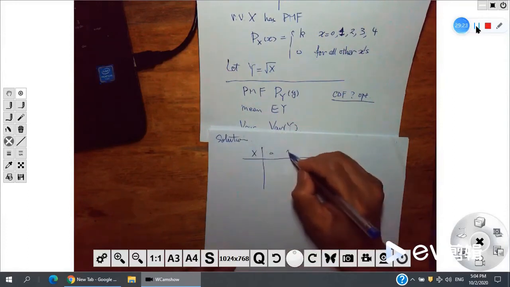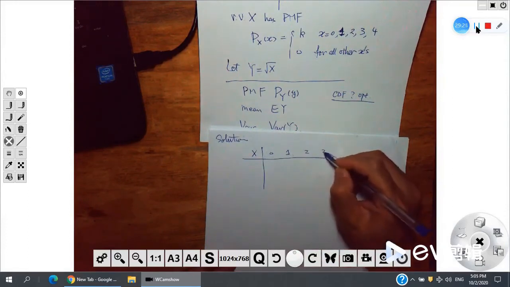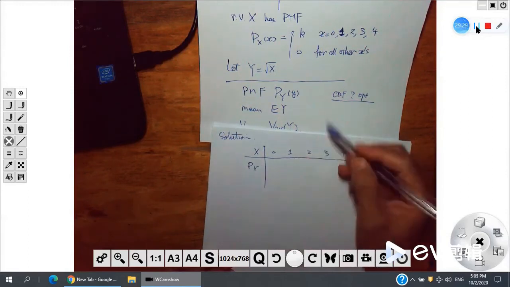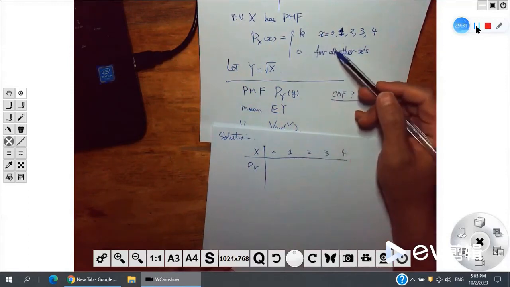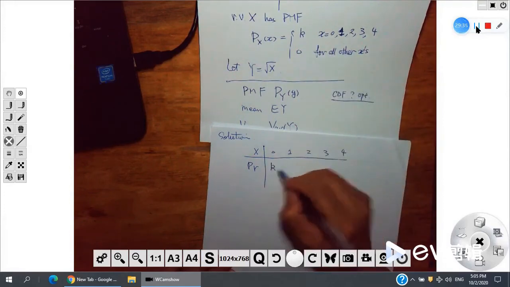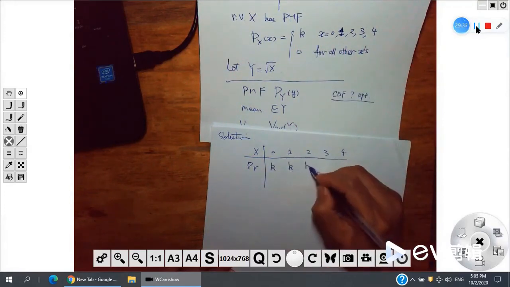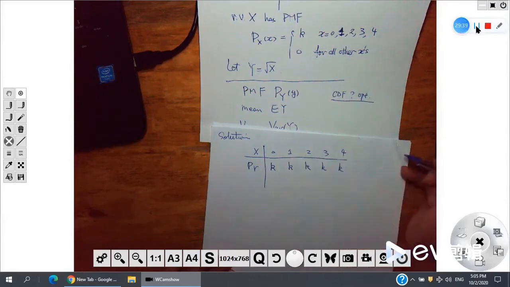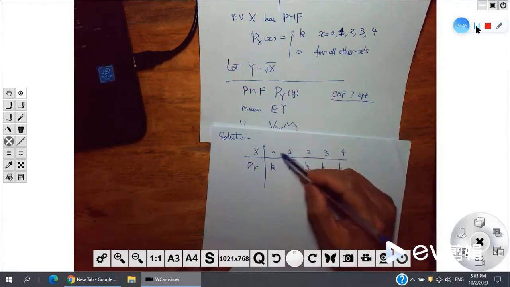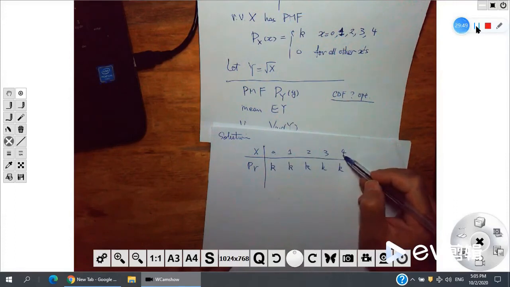0, 1, 2, 3, 4, and the probability of this value, actually that is just this PMF. So it's the value of the probability of these numbers, they are k. I don't know what k is, but you see these 0, 1, 2, 3, 4 are all the possible results.